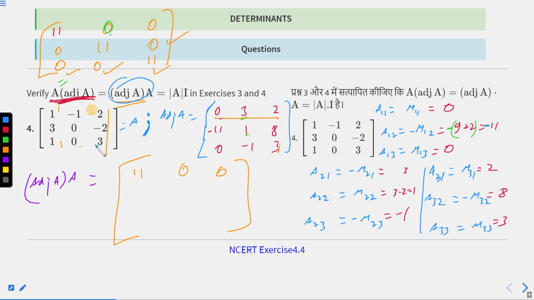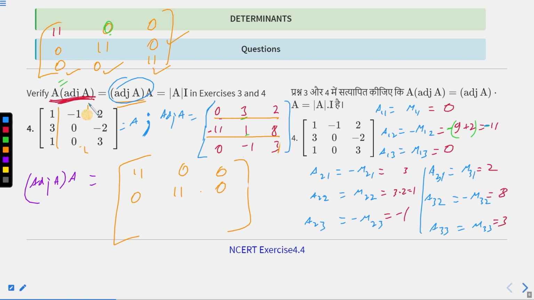Okay, simple. Now this row is going to multiply with this. So minus 11 plus 3 plus 8, 8 plus 3, 11, 11 minus 11 will give you 0. Now multiply with this. So minus 11 and minus 1 will give me plus this thing, and other entries will be 0. Now for this, minus 22, minus 2 plus 24, minus 24 plus 24 will give you 0.